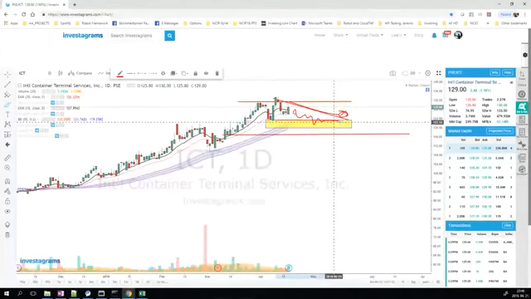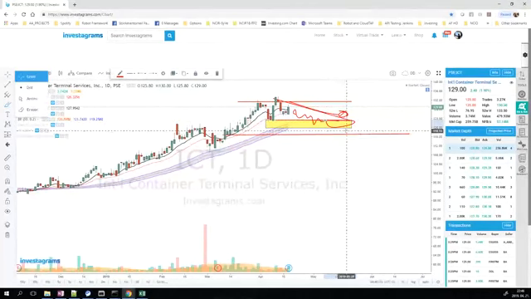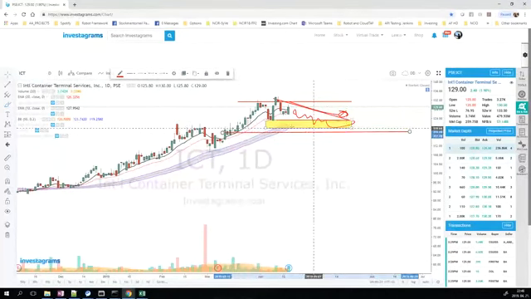So in that case, mas confident ka sa entry mo, at saka yung stop loss mo is just way below the BB channel or the area where you entered. So that is how I will trade ICT.